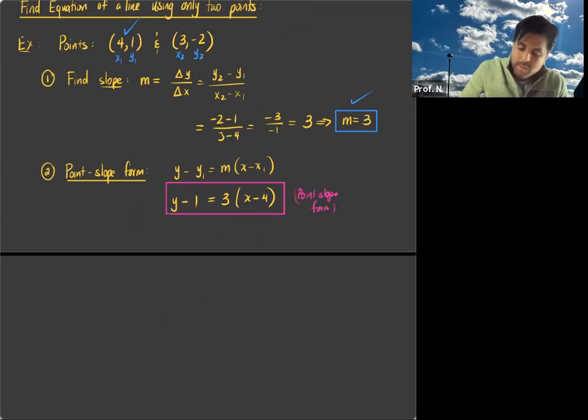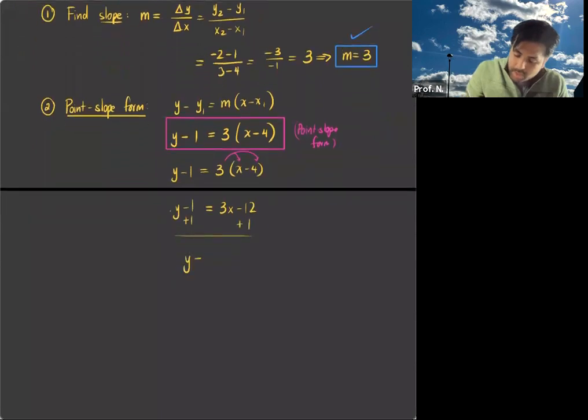If I want to write it in slope intercept form, then I need to solve for y. So solve for y, I need to now distribute this 3, right? I distribute the 3. And then I get 3x minus 12, y minus 1, add the 1, add the 1. And I get that y equals 3x minus 11.